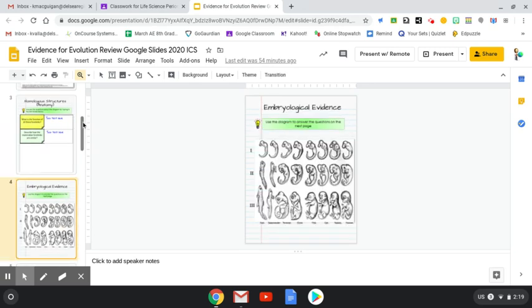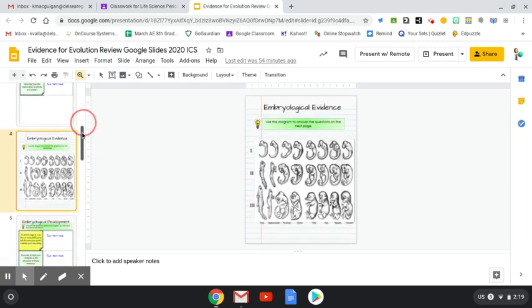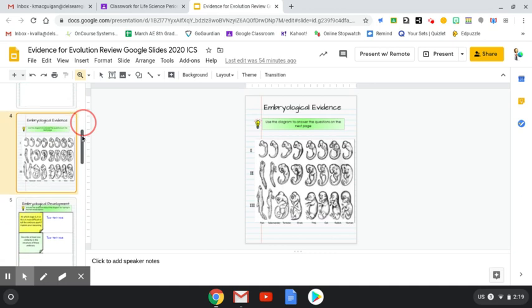The next piece of evidence is dealing with embryos, or embryology, or embryological evidence. Again, this is a visual. You can see this is a human, a rabbit, a cat, a hog, a chick, a tortoise, a salamander, and a fish. You can see them going vertically, like a column up and down.